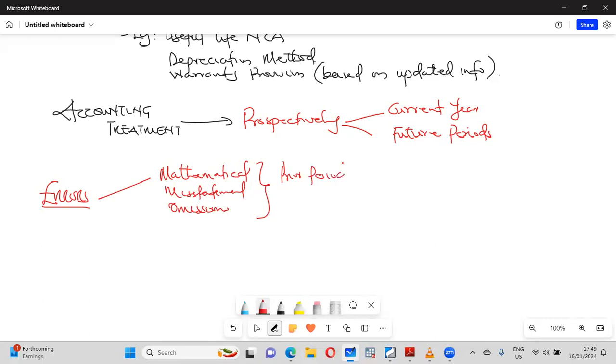Of course, if you made the error in the current period, you can correct it. You make the errors because of what? Because of using unreliable information. All right. That is that.